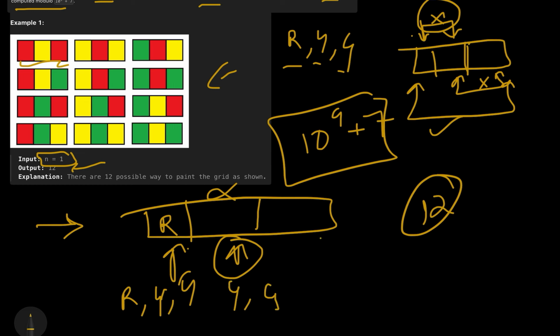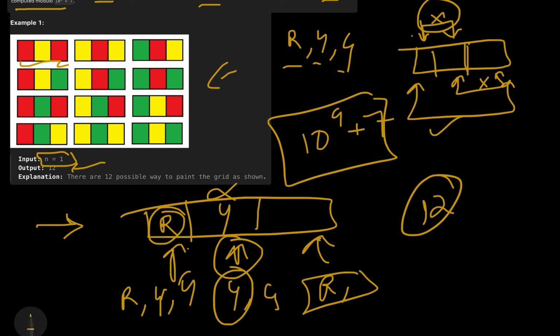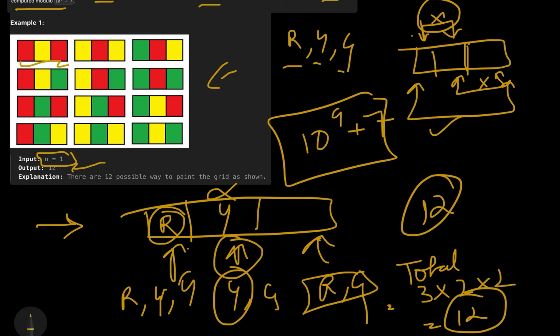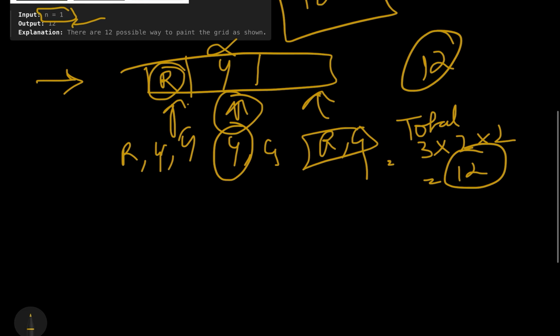Okay, and then the third cell will again have two choices. The first one will be red, and the second one, suppose we fill yellow, then it would be green. So the total number of choices here is 3 cross 2 cross 2, which makes it 12. Okay, so using this simple approach we can find how many different color combinations we can make.